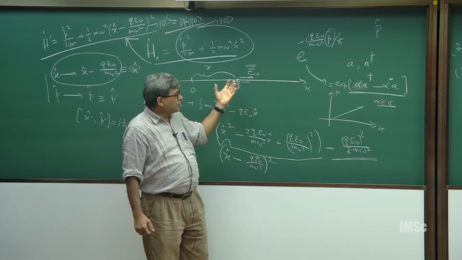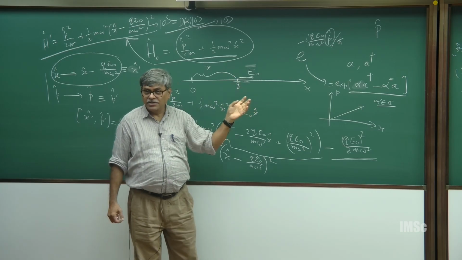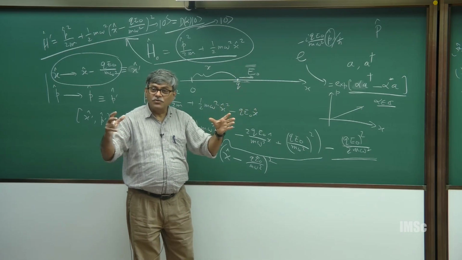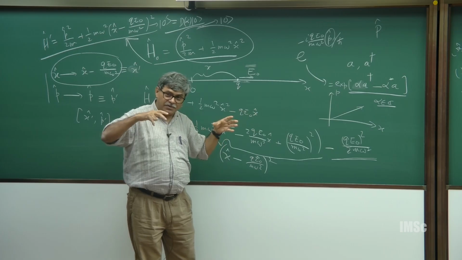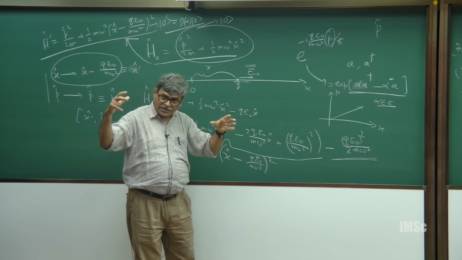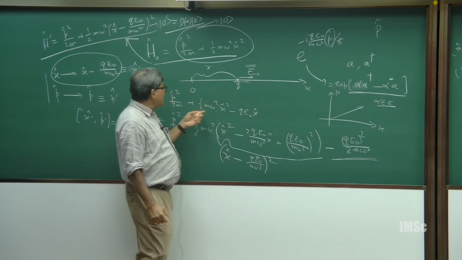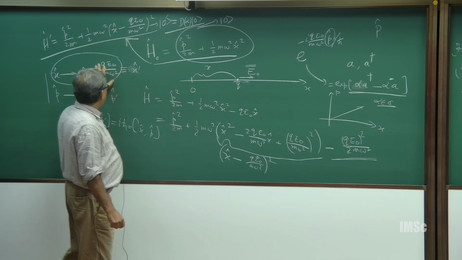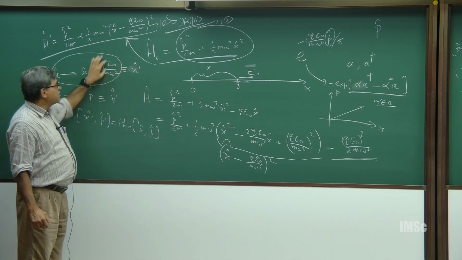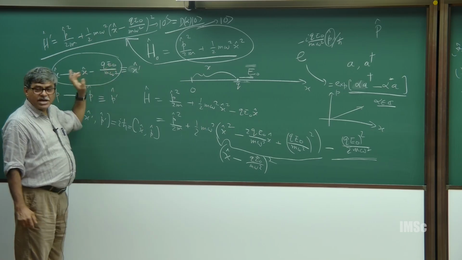Now, if you want to do it quantum mechanically, everything we will have to do at the level of Hilbert space. This displacement is continuous, it can be arbitrary, because q can be arbitrary, E naught can be arbitrary.